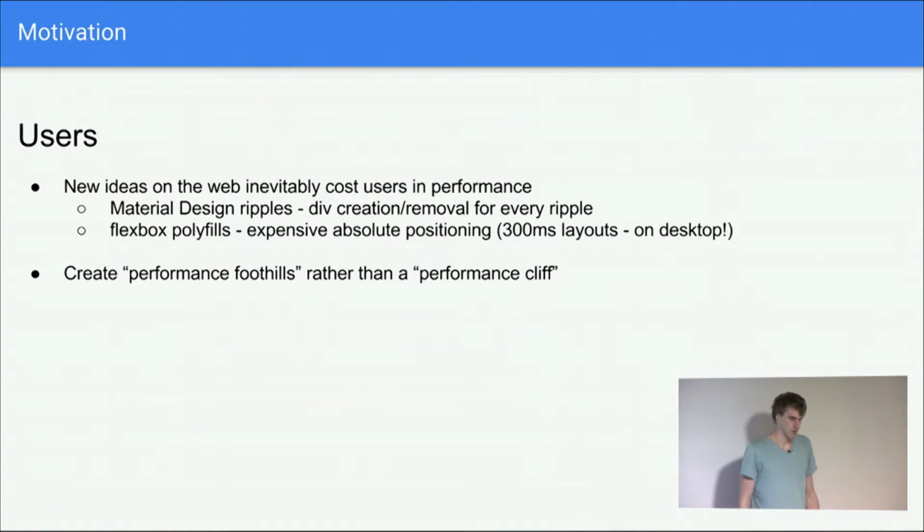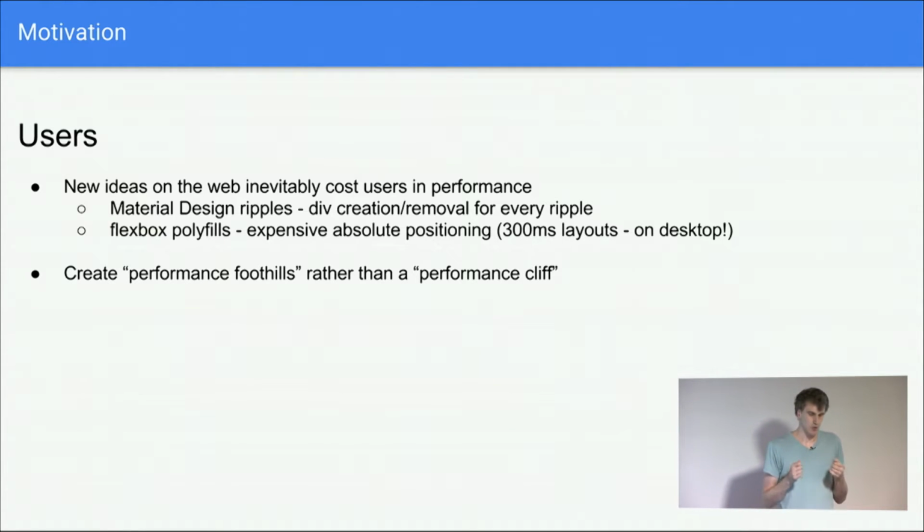And so finally, for users, new ideas on the web platform, especially in rendering, cost users performance. So things like Flexbox or grid polyfills, these are done basically by triggering forced synchronous layout continuously and with absolute positioning. And these can potentially cause like 300 milliseconds just for grid layout for one element with children of like 10 or 12 things.